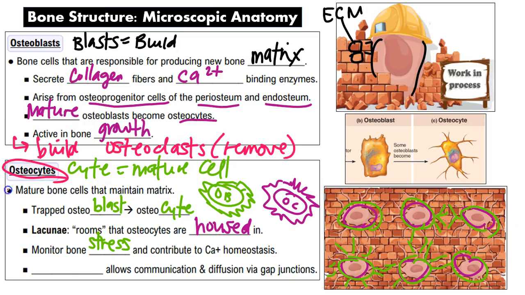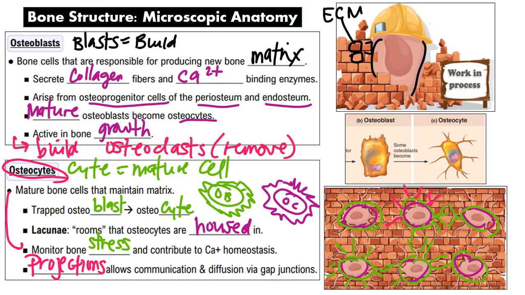So the osteocytes, because they're able to monitor stress and contribute to calcium homeostasis, have the ability to say, hey, other cells, we need to be doing this or doing that. Okay, so just keep that in mind. Now, how are they allowed to have all these communications and diffusion of nutrients? Like we said, it's going to be those projections, and that's specific to these osteocyte cells.